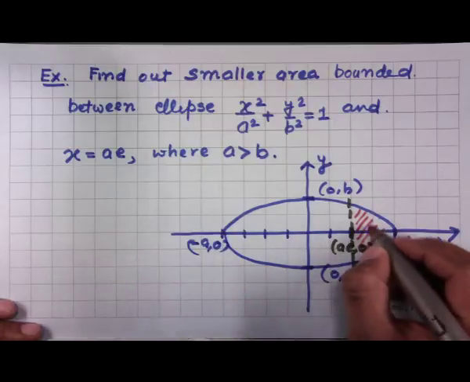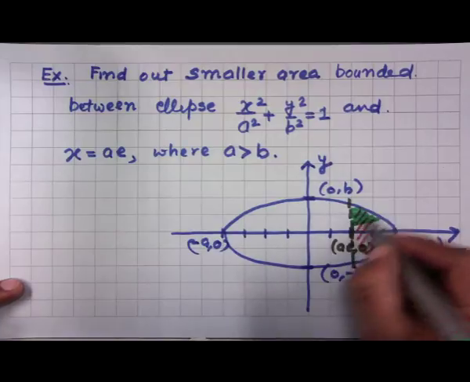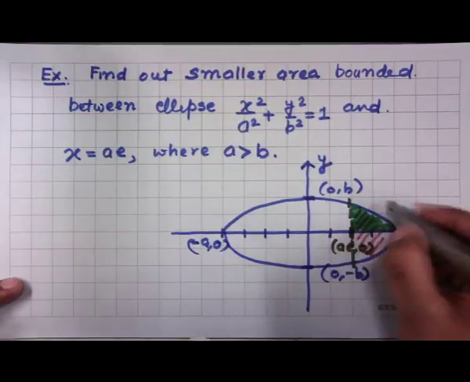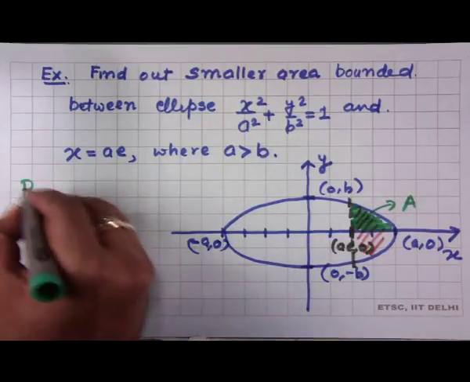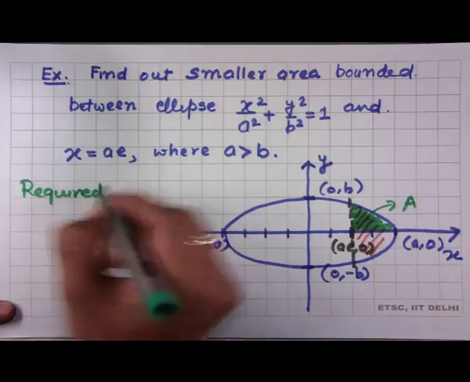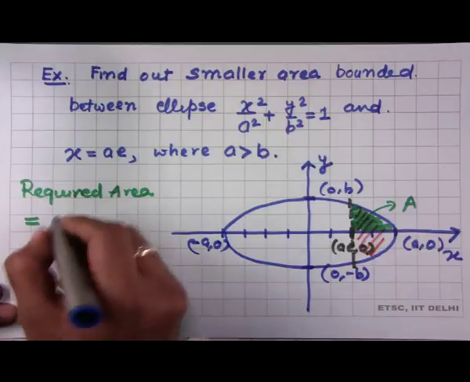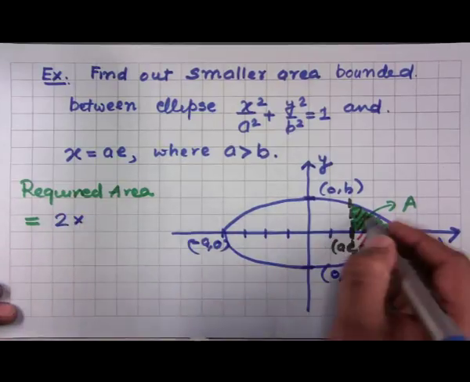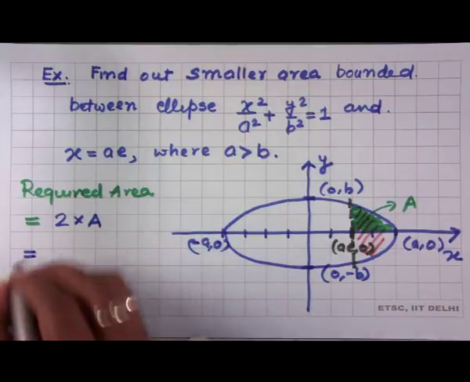So, the required area is twice the area shaded by green color, say this is A, so it is equal to 2A.